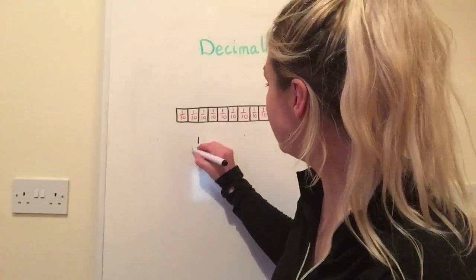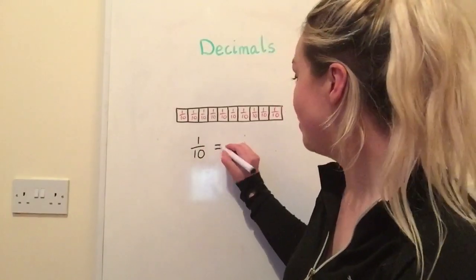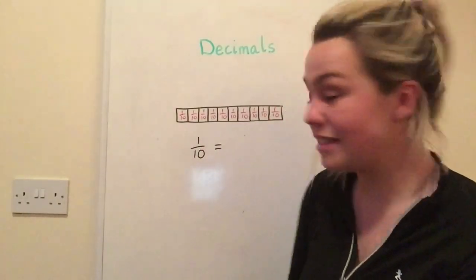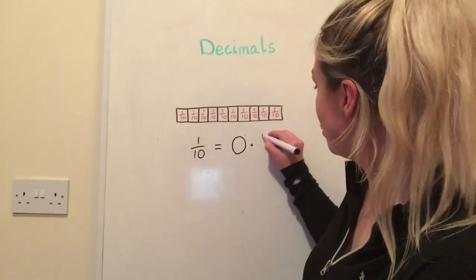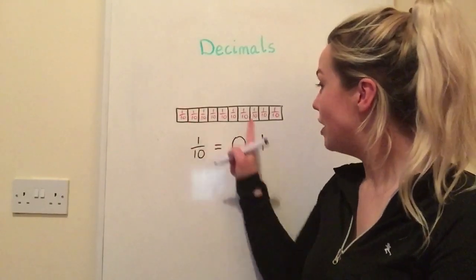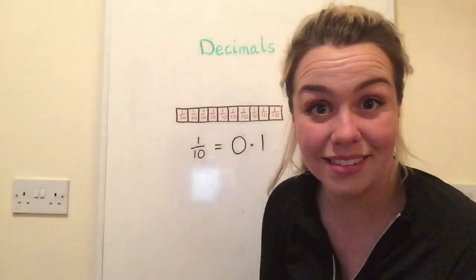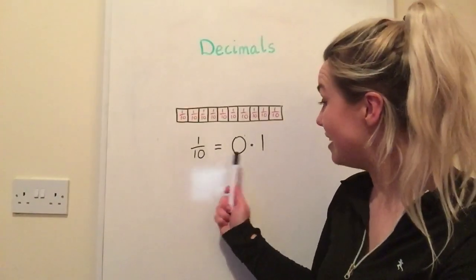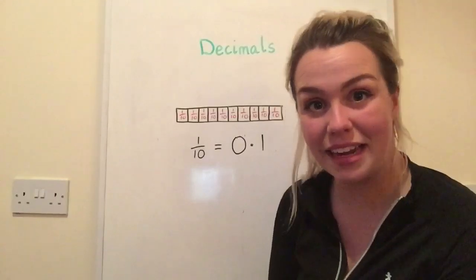Okay, so 1/10, we can write it a different way, and we can write it as 0.1. Okay, so decimals are another way of writing tenths. So 1/10 is the same as 0.1, and I'm going to explain that a little bit more.